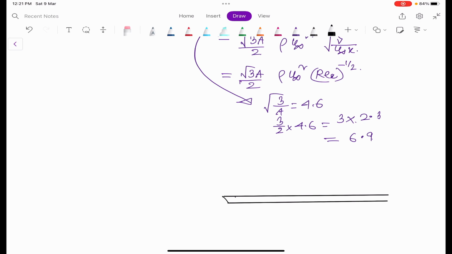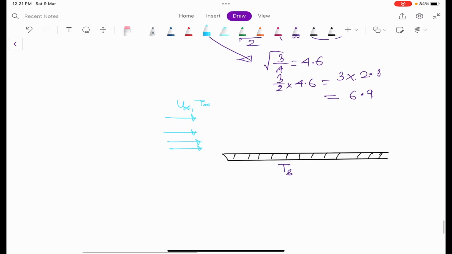So this is our flat plate and it is having a temperature T_S, the temperature of the surface, and the fluid that is incoming is having the velocity u infinity and the temperature T infinity.